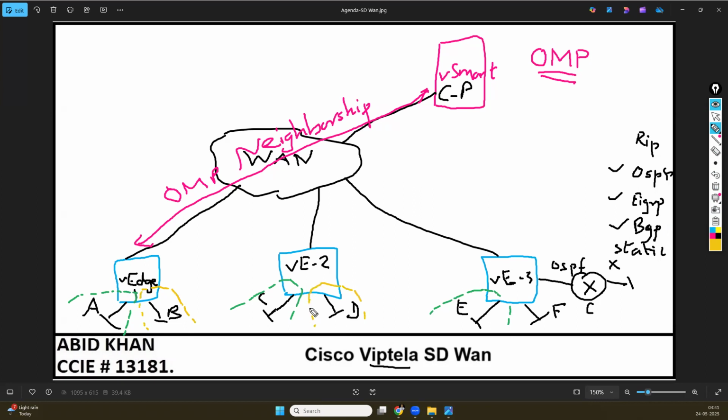Service VPNs are like VRFs, or like VLANs, separate.